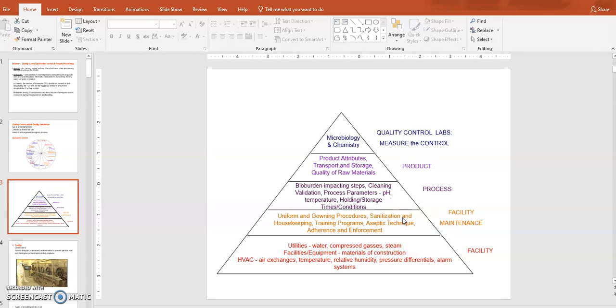And then bioburden impacting step, cleaning validation, process parameters. So about all process-related guideline and product-related guideline, quality control labs, how they take the samples and measure all those things. So it takes a lot of layers of work to minimize the bioburden, of course.